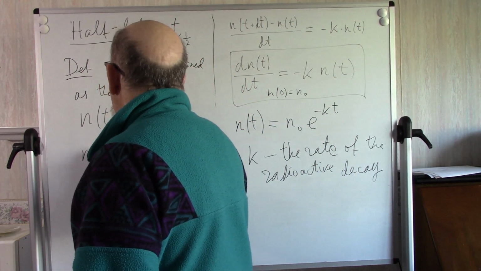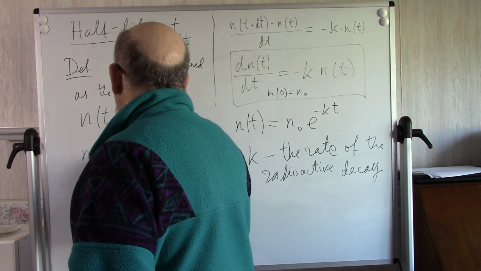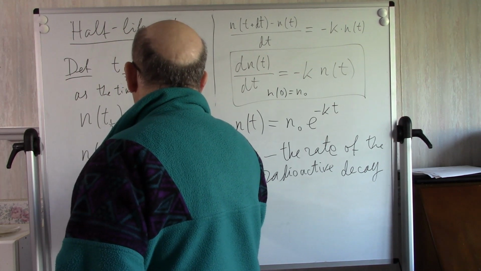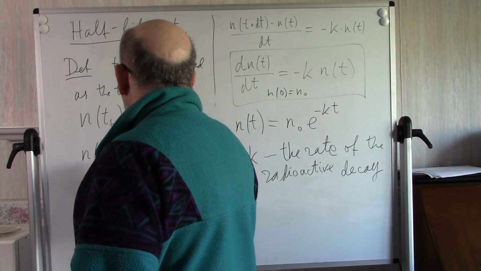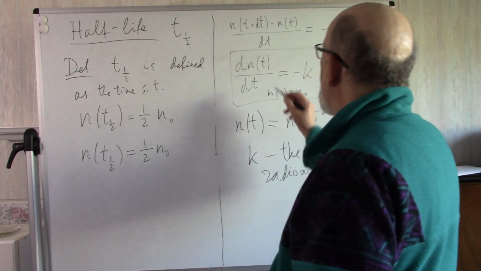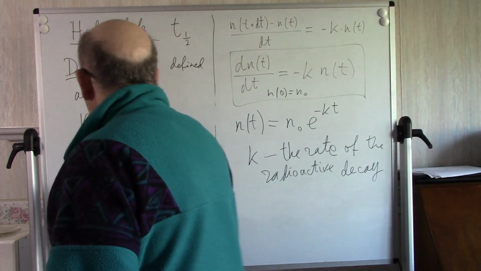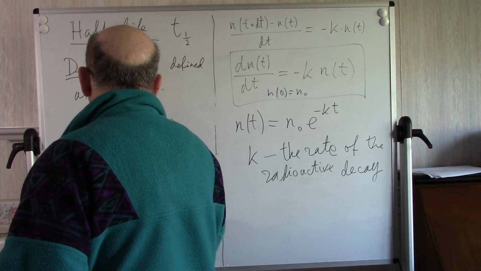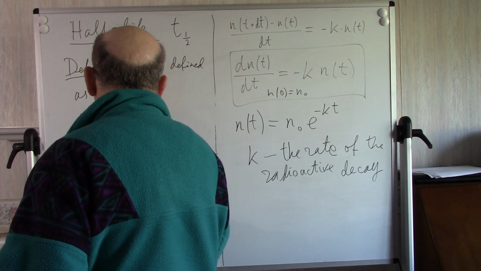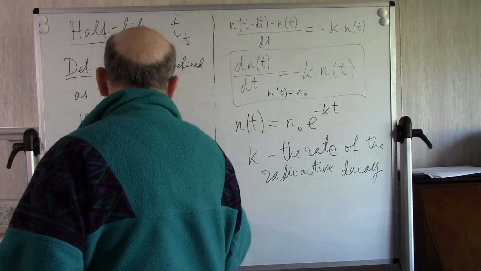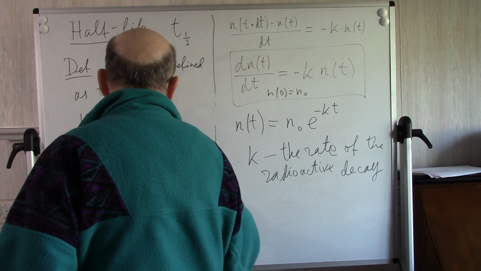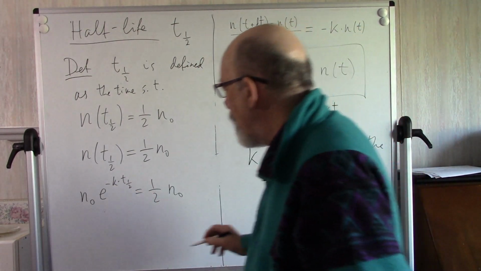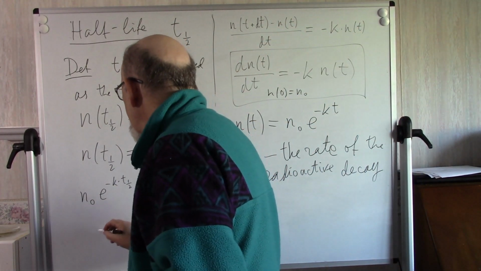N at the moment t 1/2 equals 1/2 n0, so n0 e to the power minus k times t 1/2 equals 1/2 n0. Now n0 can be cancelled.